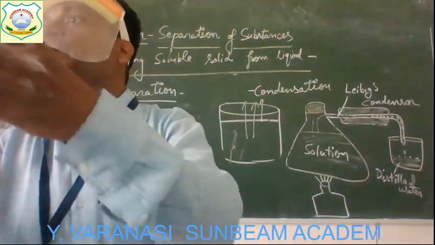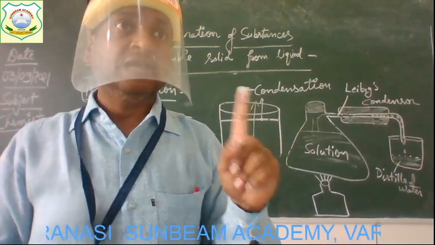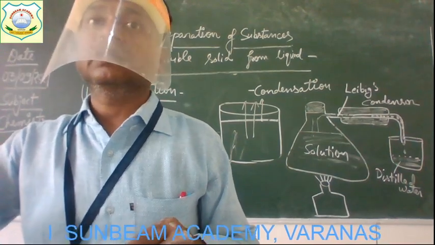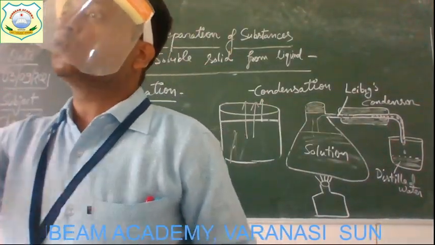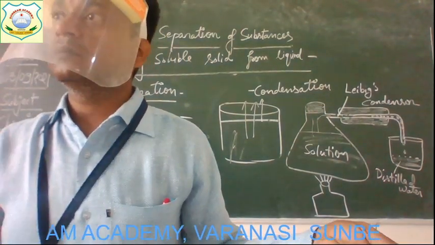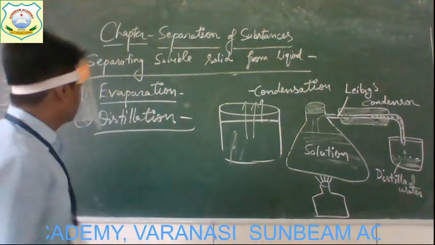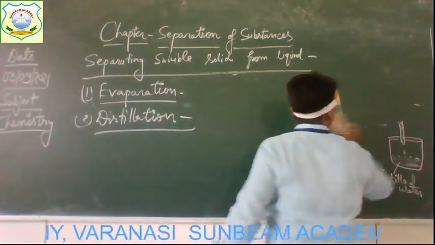How can we separate both the liquids? If two different liquids are mixed together and we want to get both liquids separately, we can use a different method, and now I am going to discuss that method of separating liquids.